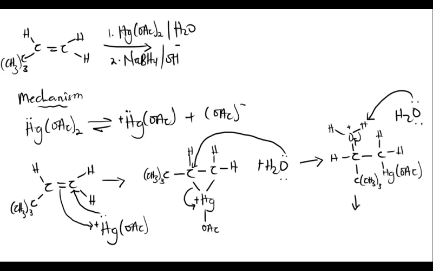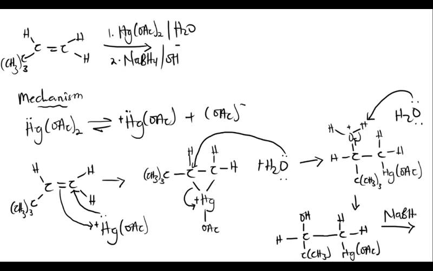So from here, this is what we get: our carbon now having the OH group as we want, hydrogen here, then we have the CH3, then let me extend this bond a little, and then the mercury and the OAc group over here.